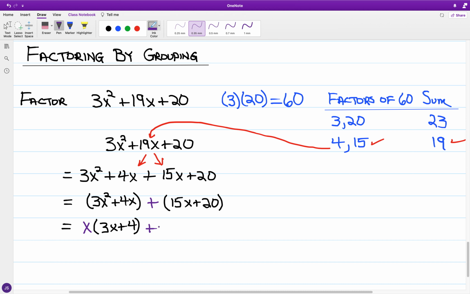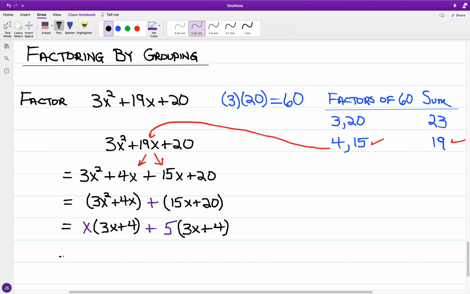Bringing down the addition, now for the greatest common factor of 15x and 20, the highest term that will go into both is a number, and that is 5. And 5 will go into 15x plus 20 also 3x plus 4 times.